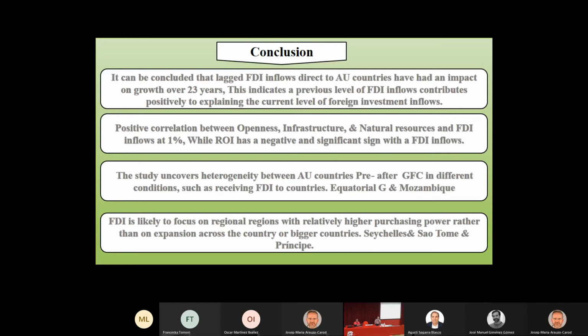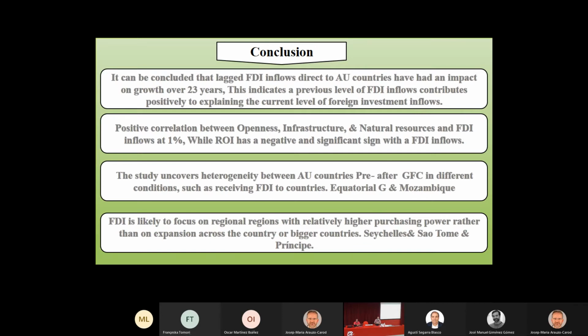Conclusion. It can be concluded that the lagged variable, previous and current, explains FDI with these variables.